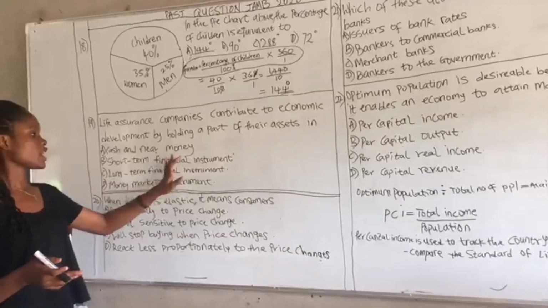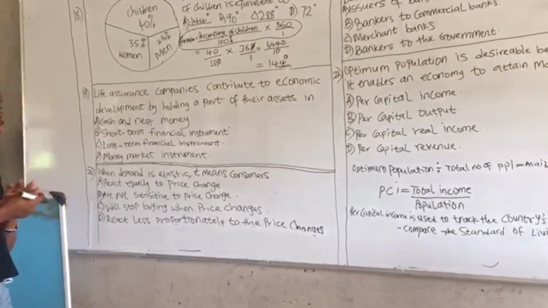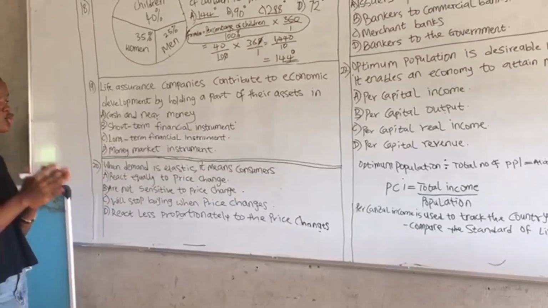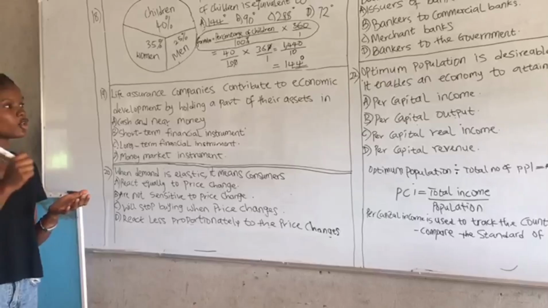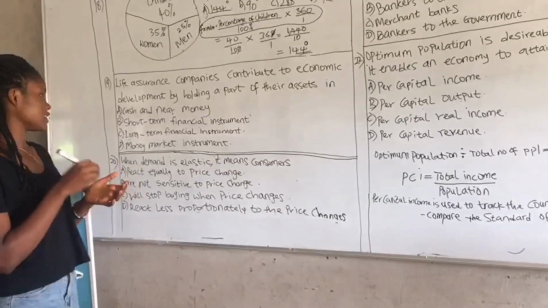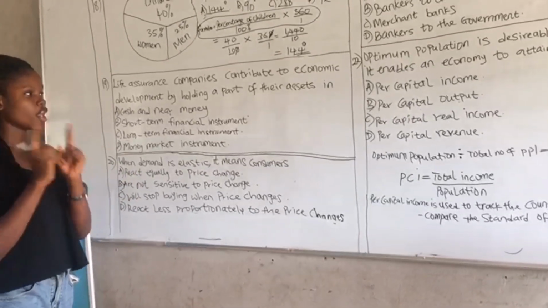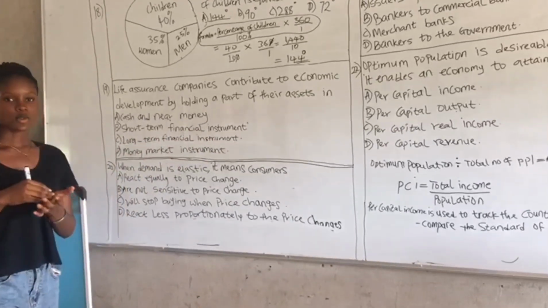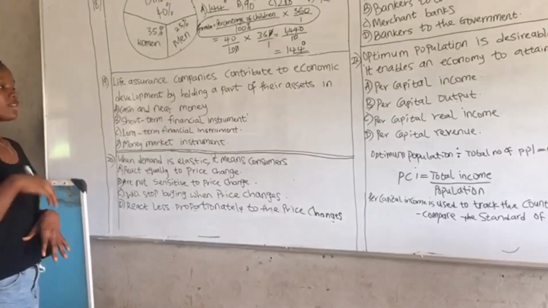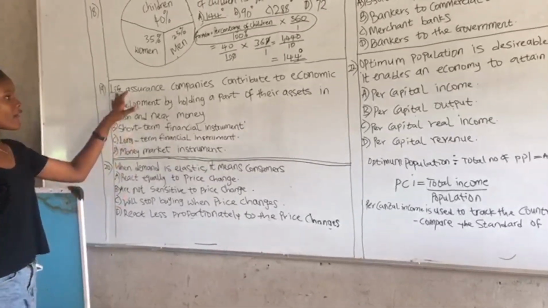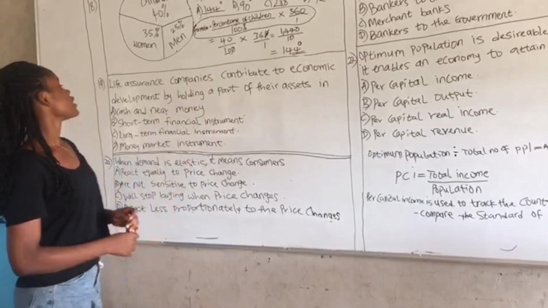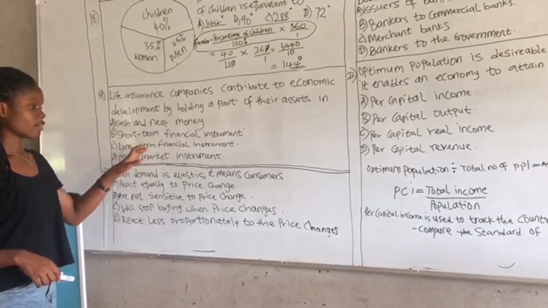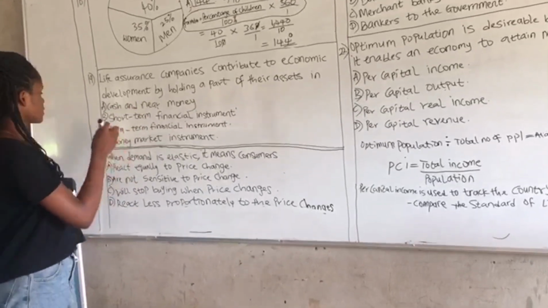Short-term financial instrument: there is no way a life insurance company can keep their assets in short-term financial instruments, because how can you keep your assets in short-term financial instruments only for a year. Why a long-term financial instrument? You can keep your assets with them for more than a year or 30 years and above. So life insurance companies contribute to economic development by holding a part of their assets in long-term financial instruments. So our answer is C.